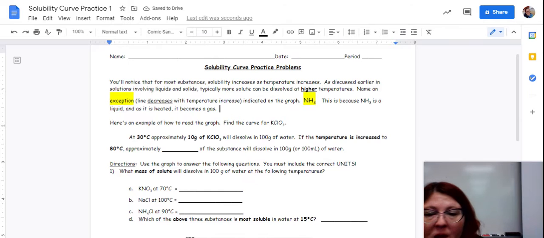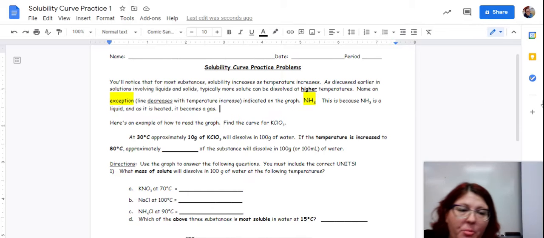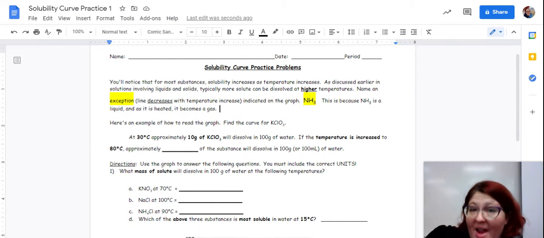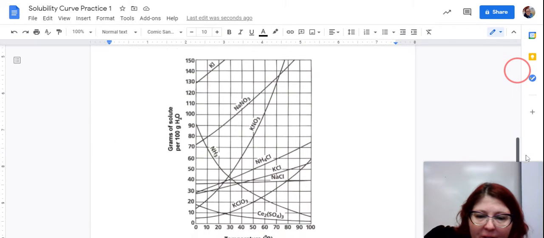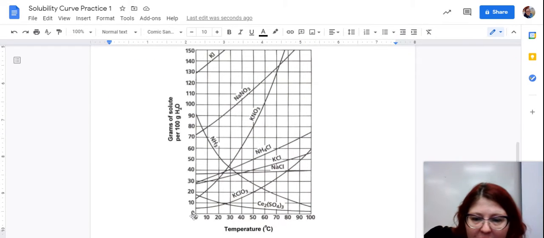Here's an example of how to read the graph. Find the curve for KClO3, which is called potassium chlorate. Here it is, down close to the bottom. This curve right here.